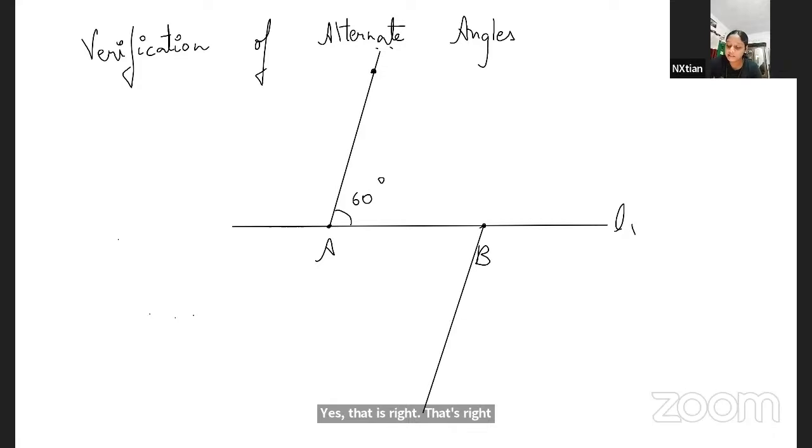So here will be the 60-degree angle of B that will be formed at B. And you can extend the B line like this, and the A line, you can extend it like this.